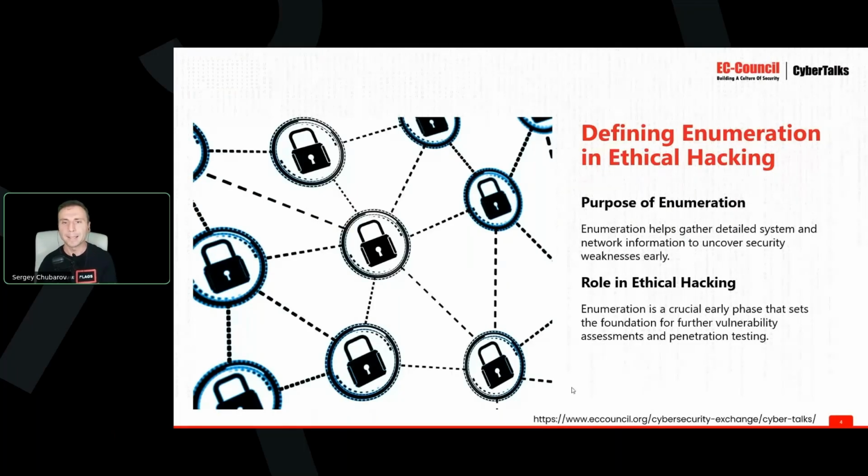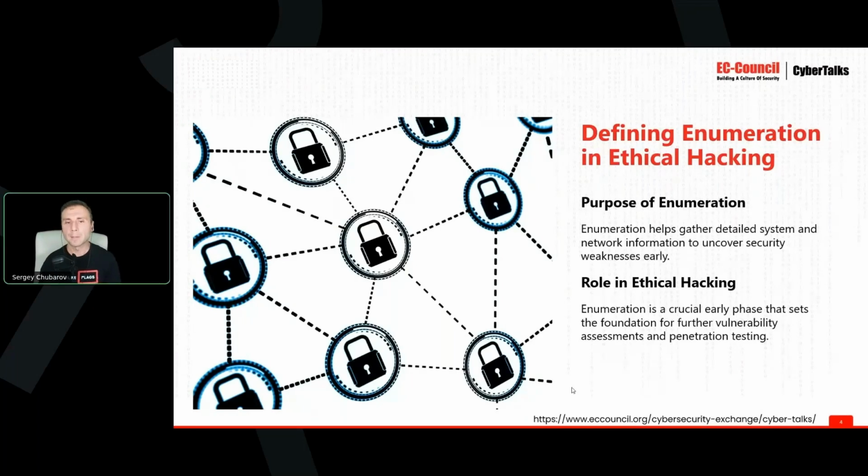In hacking, not only ethical, before an attacker can attack the target, he or she needs to know about the target. One of the first steps in a cyber attack is to gather information.